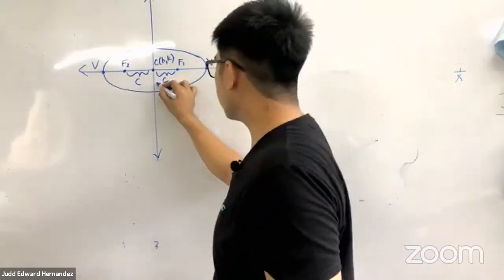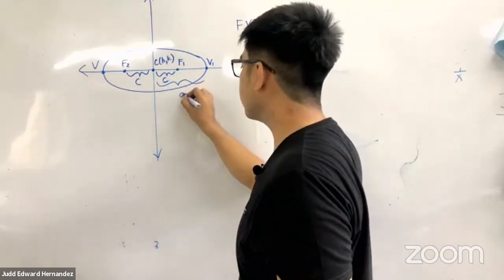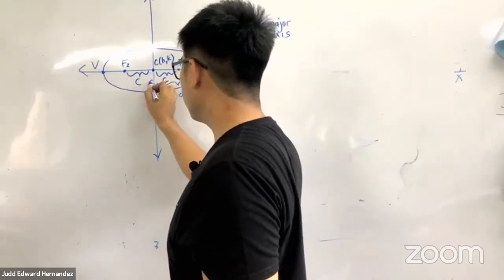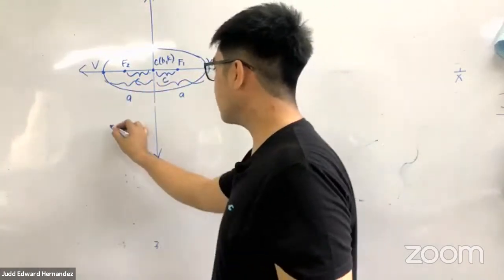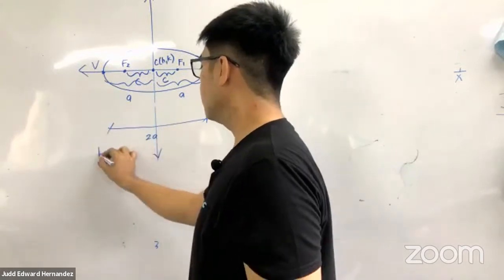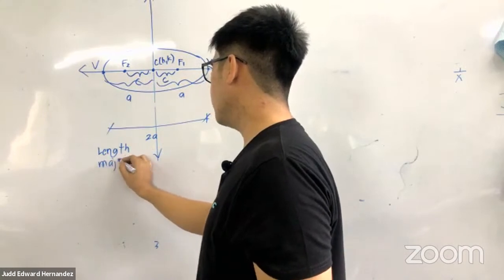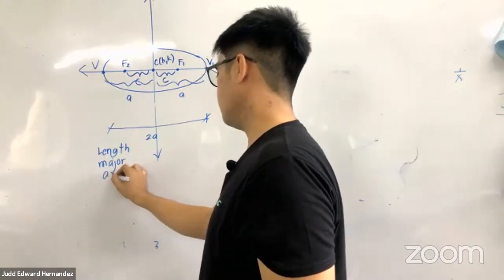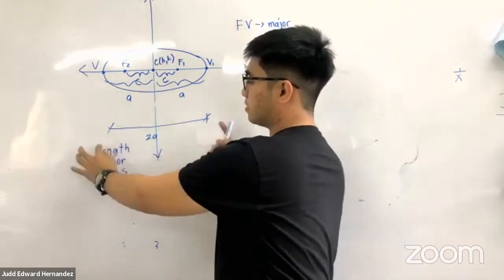And from the center going to V, or let's say this is V1, that is A. From the center going to V, that is also A. Therefore, the length of the major axis, pag tinanong ka kung ano yung length ng major axis, that would be 2A. Again, the length of the major axis is 2A.